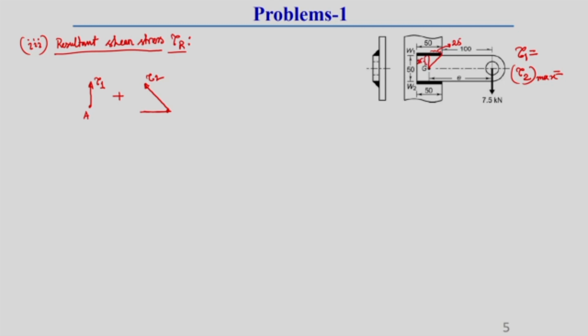Now, here you see we know this tau 2 is always perpendicular to the radius connecting this G and that point. This you should keep it in mind, because what happens, this is generally developing due to this turning moment or torsion type of effect or couple you can say. So, this couple generally tries to rotate this workpiece. Okay.